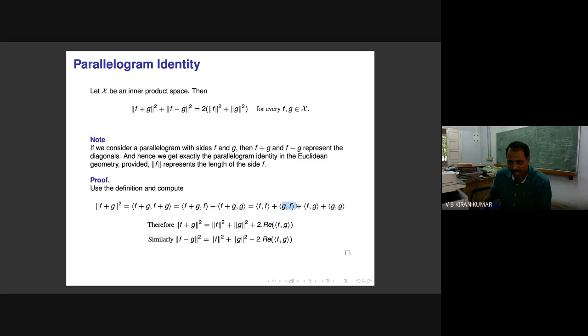Now fg and gf are conjugates of each other, so it is just like z plus z bar, that is 2 times the real part of fg. Combining this, you obtain norm f plus g squared equal to norm f squared plus norm g squared plus 2 times the real part of fg. A similar computation gives norm f minus g squared equal to norm f squared plus norm g squared minus 2 times the real part of fg. Now you just add these two, and you obtain the parallelogram identity. The proof is quite easily done.